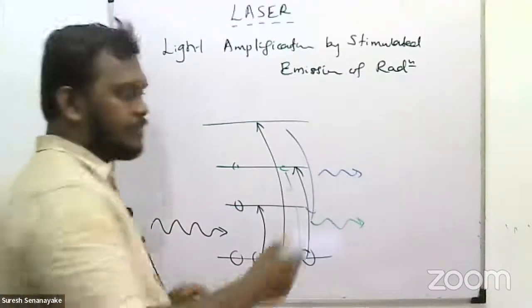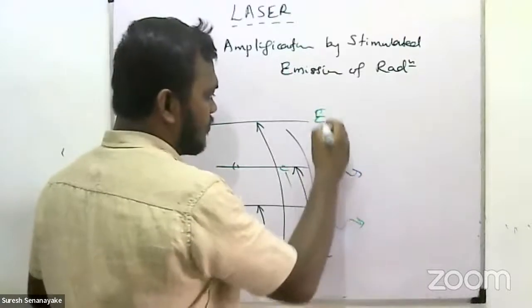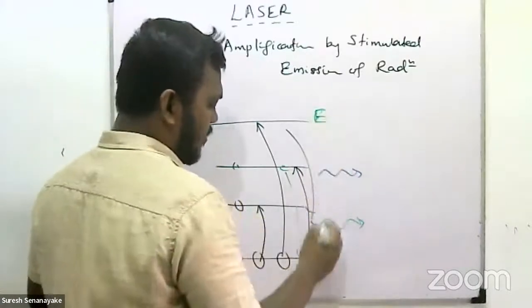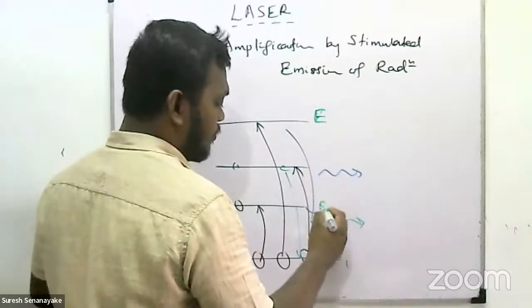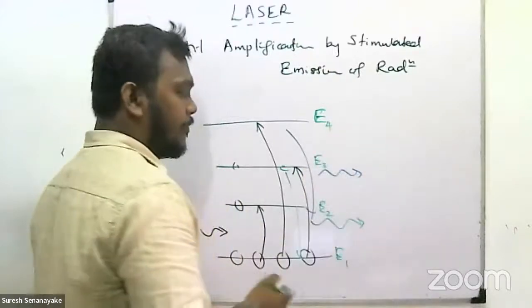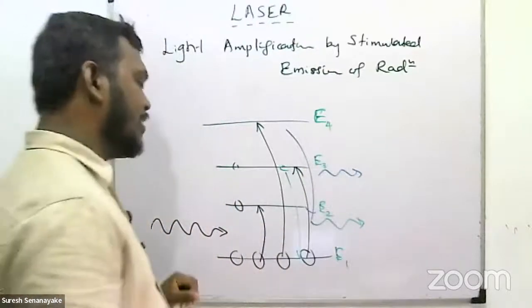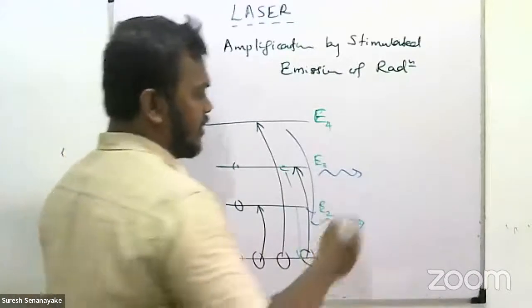Let's say this is the high energy state and this is the low energy state. Let's say I'm considering E1, E2, E3, and E4. If a transition happens between two particular levels, they emit energy.